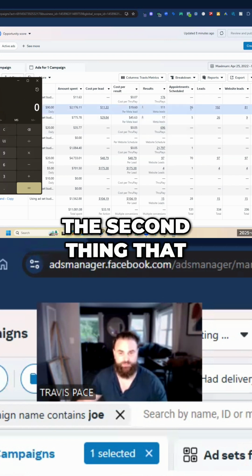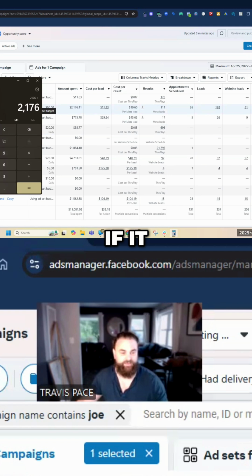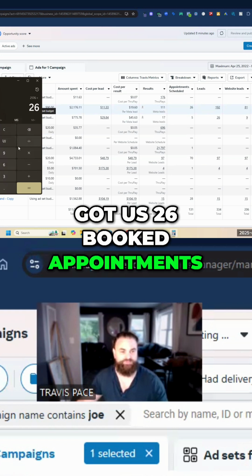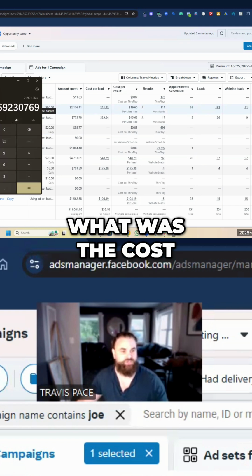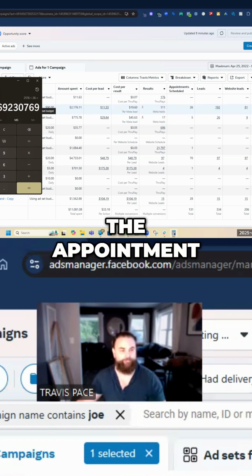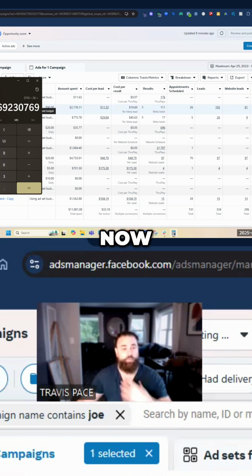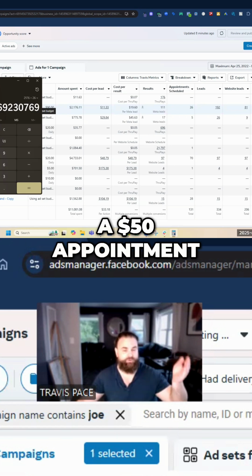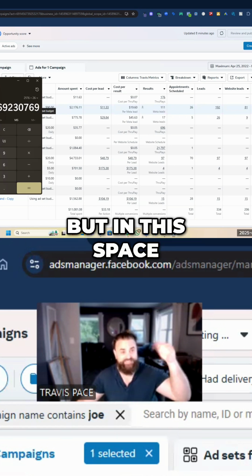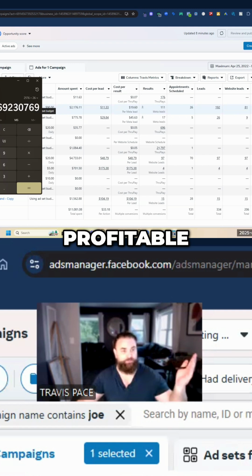The second thing that we wanted to know was, at $2,176, if it got us 26 booked appointments, what was the cost of our appointment just to get somebody to the appointment? And that is $83.69. Now, we try to get a $50 appointment, but in this space, in this industry, a $200 appointment is actually profitable.